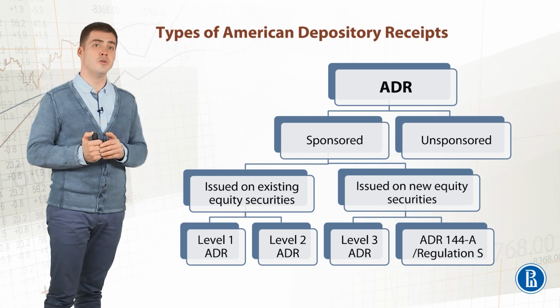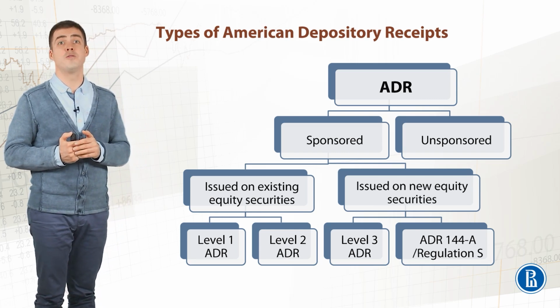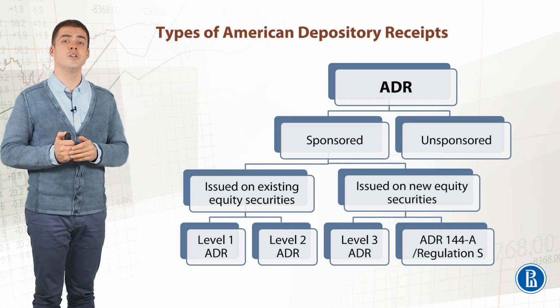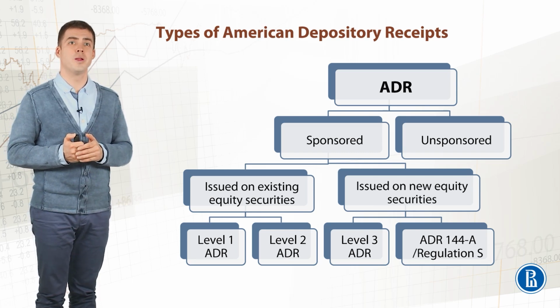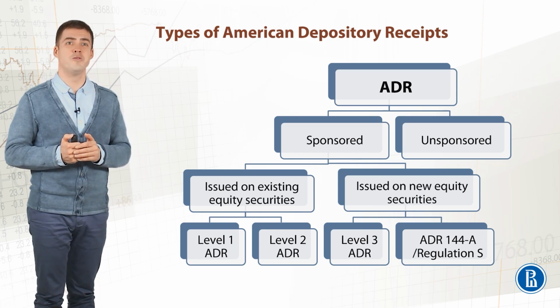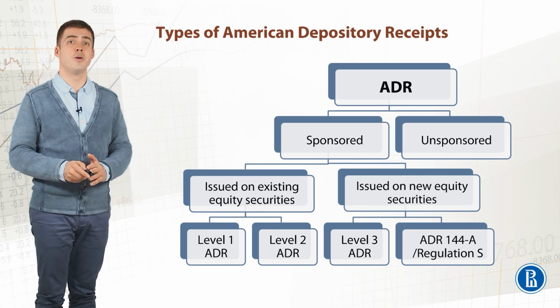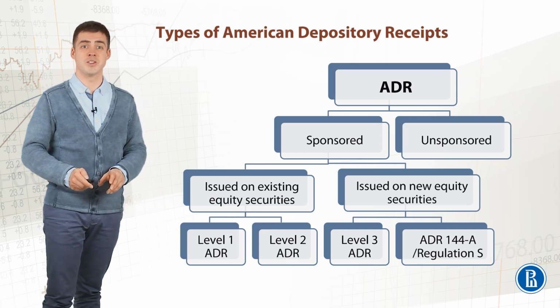Just as Level 2, they are exchange-traded and require a high degree of information disclosure from the issuer. ADR issued under Rule 144A are placed privately among the qualified institutional investors, while Regulation S American depository receipts are placed among foreign investors.